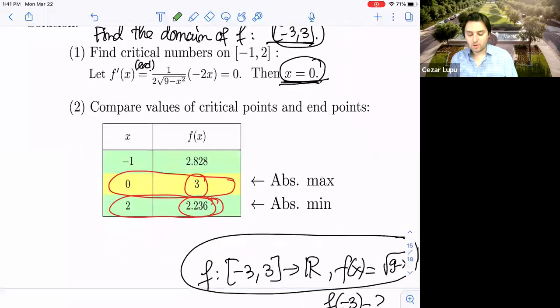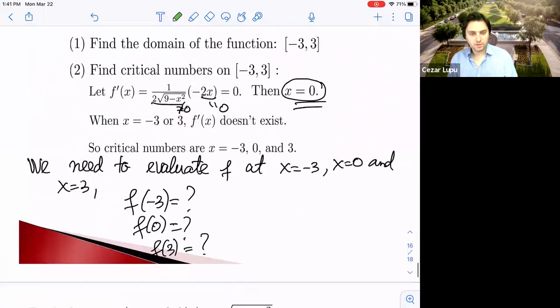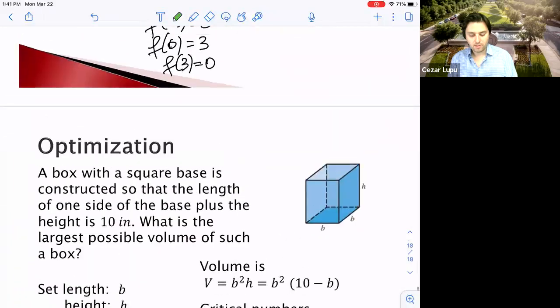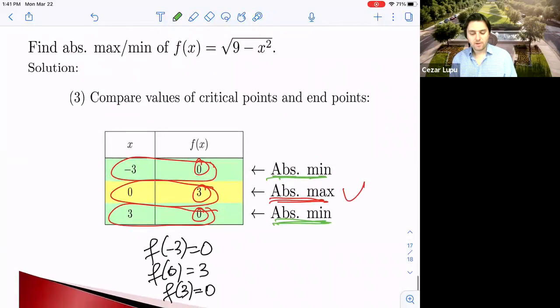But if we let it go on the entire domain of definition, we will get something different. Oh, see here, we'll get an absolute max and 2 absolute mins. In fact, the absolute mins are obtained at the points negative 3 and 3.